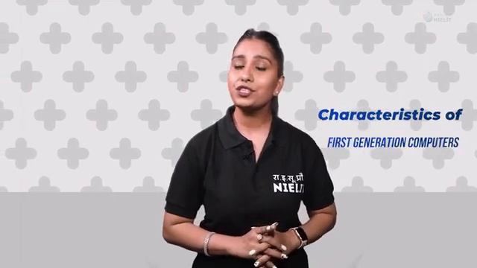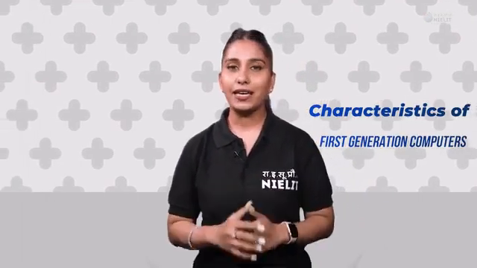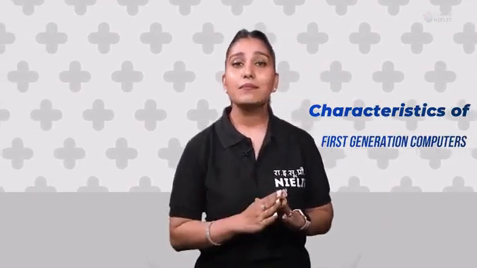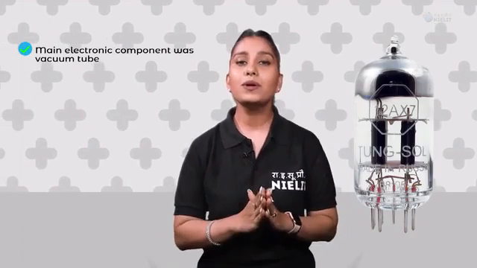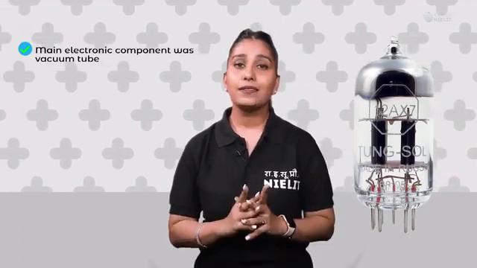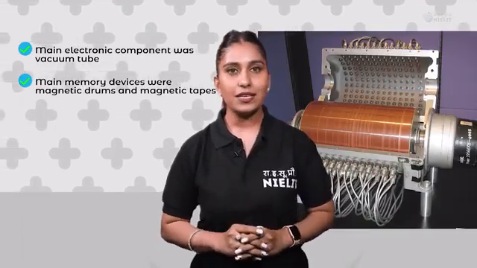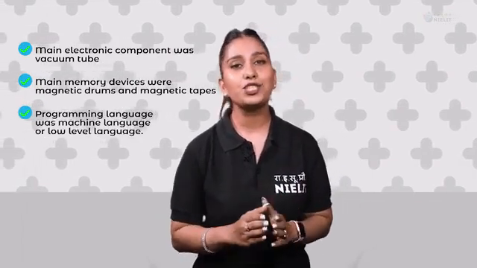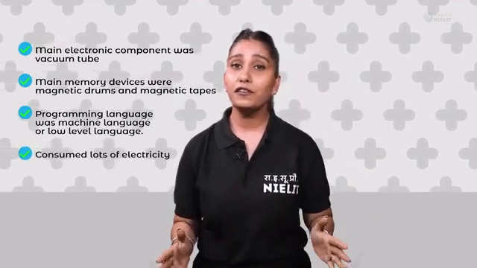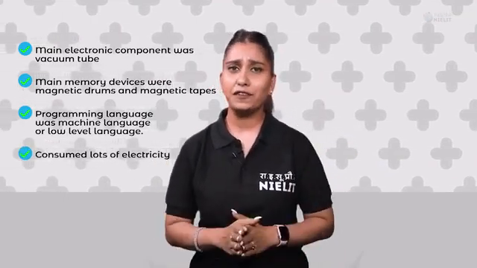The first generation computers had the following characteristics. The main electronic component was the vacuum tube. Their main memory devices were magnetic drums and magnetic tapes. Their programming language was machine language or low-level language. They consumed a lot of electricity and generated a lot of heat.